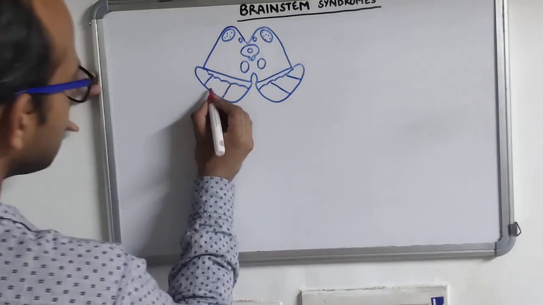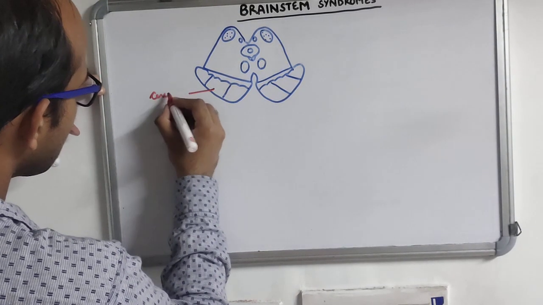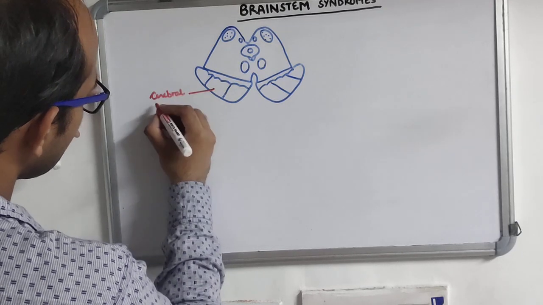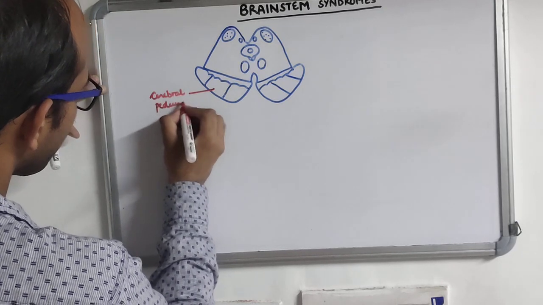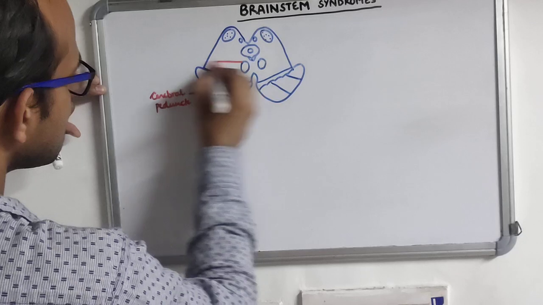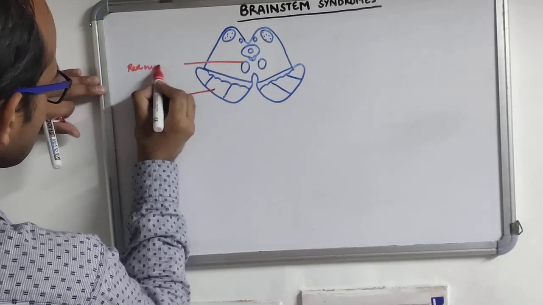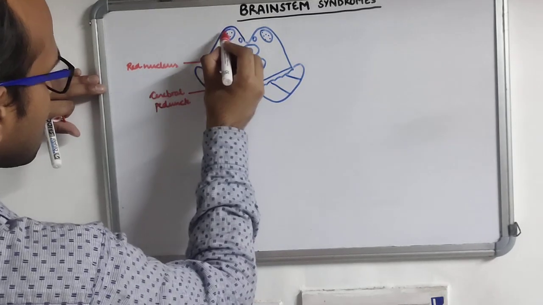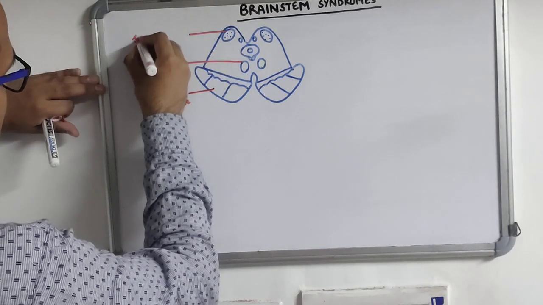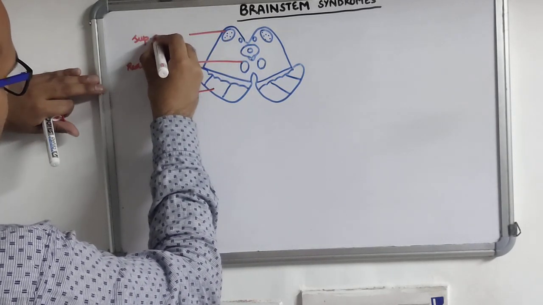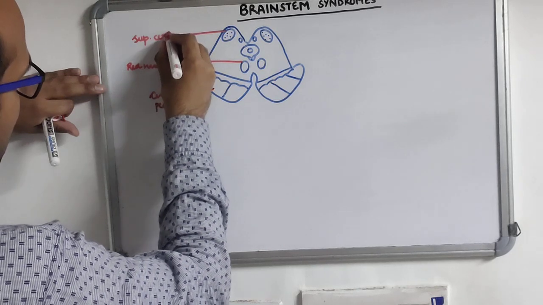By label, these are the cerebral peduncle. This is the red nucleus. This is the superior cerebellar peduncle.